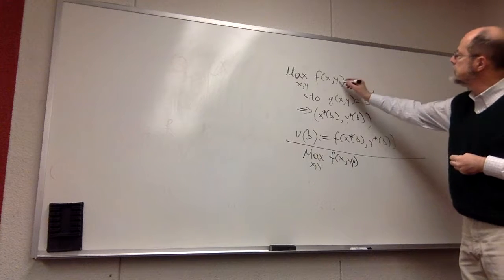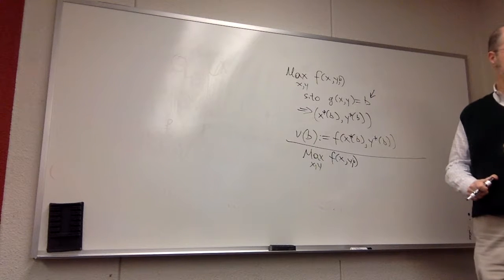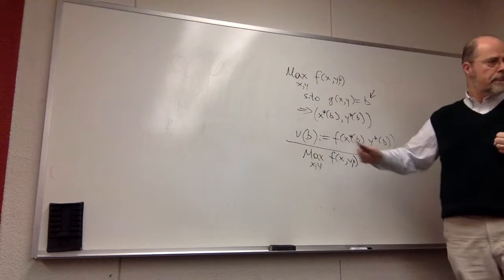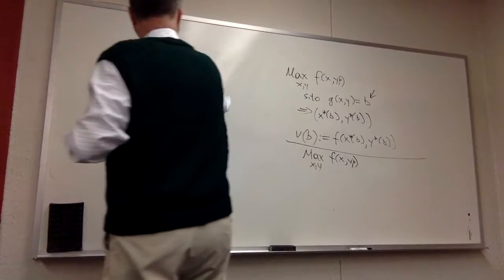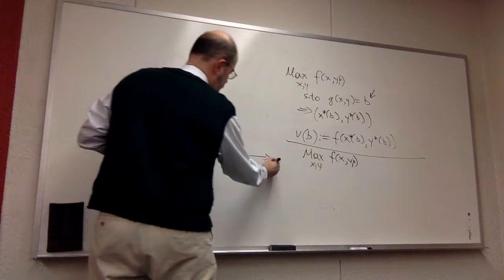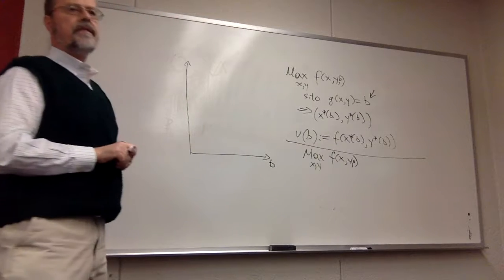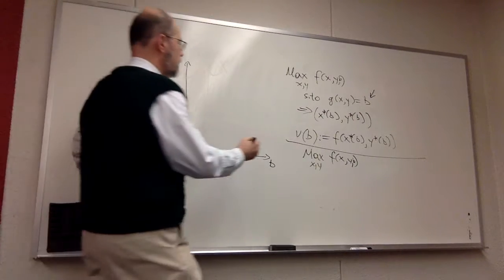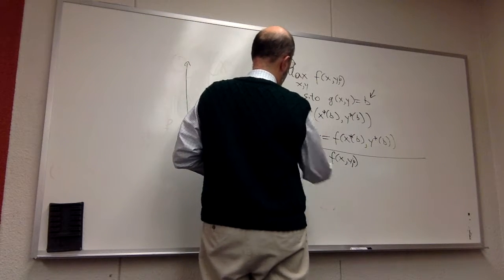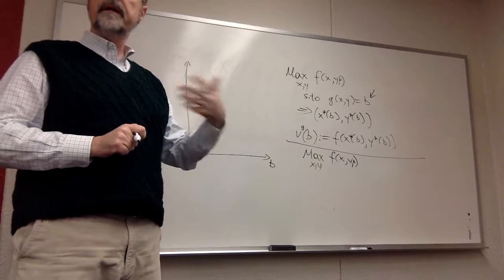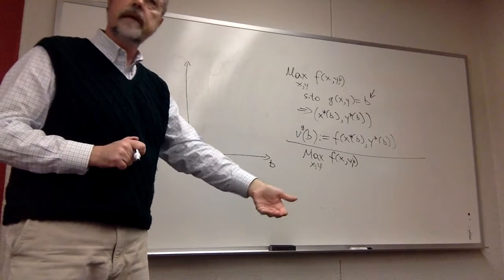But I will introduce the parameter b here as well, which is not the choice variable. So now, suppose I make a graph of the value function with and without the constraint. Let's put a little g here for the first value function, to remember that's the one that comes when we do have the constraint.